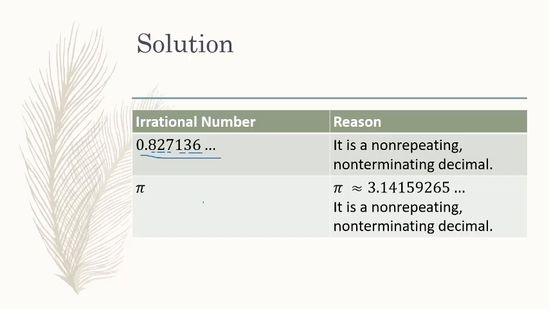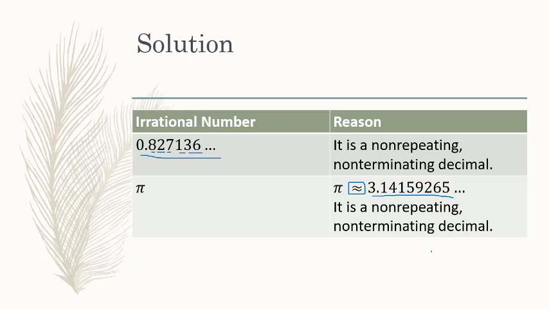And what about pi? Pi is approximately equal to, you see this symbol only means approximately equal to. In French we say est sensiblement égal à. It means that it isn't equal to that number, but it is quite close to it.